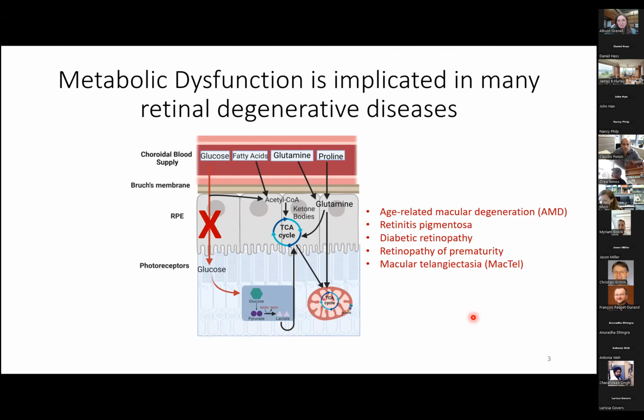Within the past decade, RPE metabolic dysfunction has been implicated in multiple different forms of macular degeneration, and it's believed that one of the reasons why this is so detrimental to the photoreceptors is because when RPE metabolism is altered, then they start to utilize glucose, which means that less glucose goes to the photoreceptors, and then the photoreceptors can dysfunction and starve.